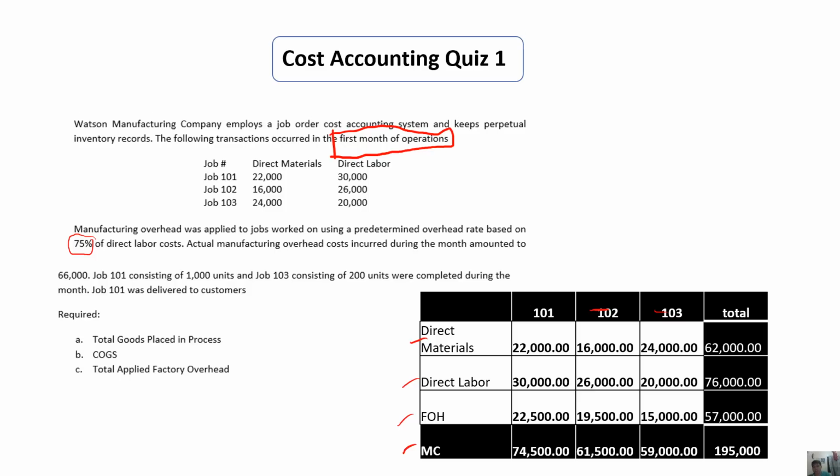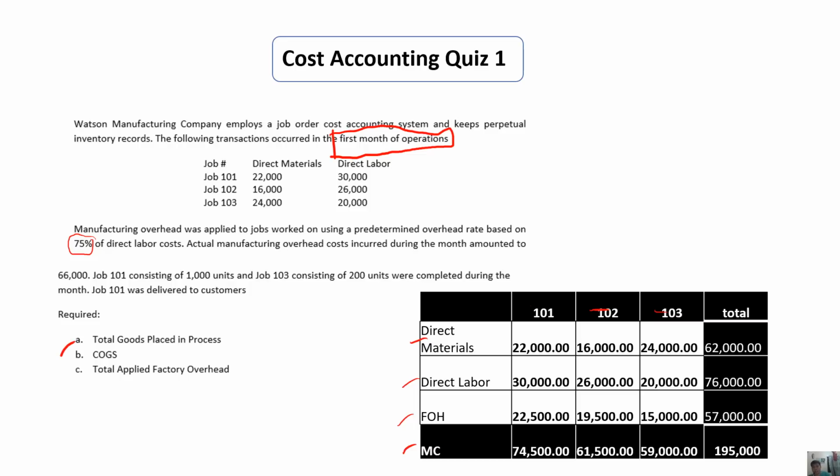So ilalatag lang natin yung information. For job 101, we have 22,000 for direct materials, direct labor 30,000. Then 75% of that will be part of the factory overhead, so 22,500, and so on and so forth for job 102 and 103.